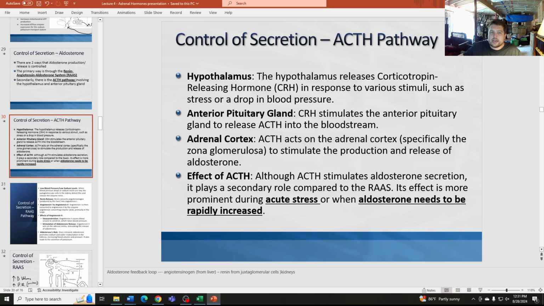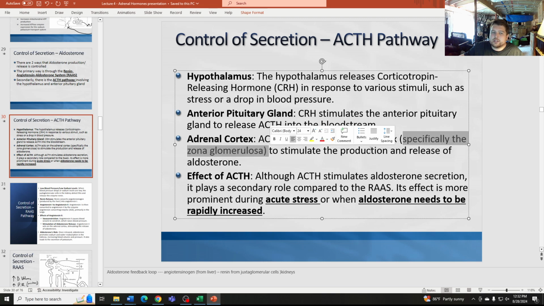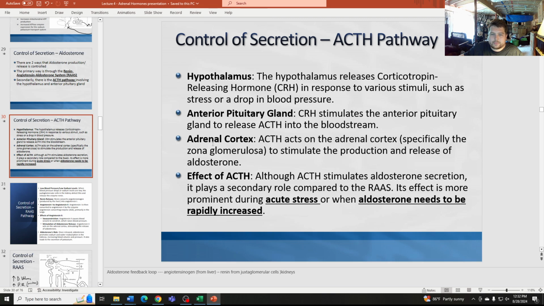And if the body decides we need to increase volume, or we don't have enough sodium, whatever it is, concentrations are off, we release corticotropin releasing hormone from the hypothalamus, which goes to the anterior pituitary gland, which then releases adrenocorticotropic hormone into the bloodstream. It acts on the adrenal cortex, in this case specifically the zona glomerulosa, stimulating the production and release of aldosterone.